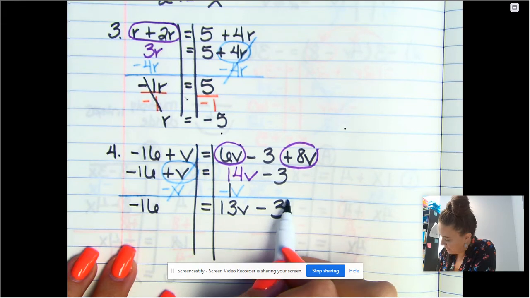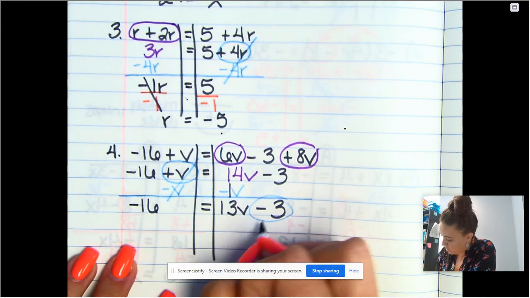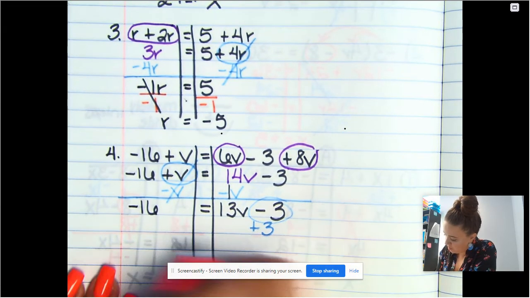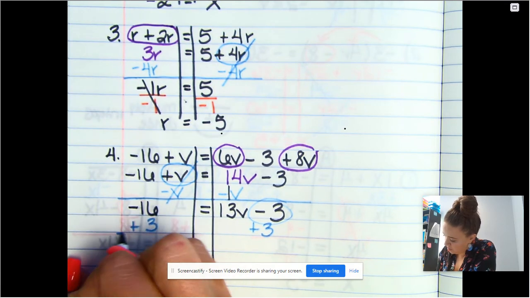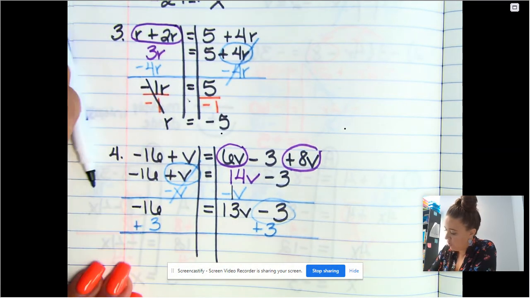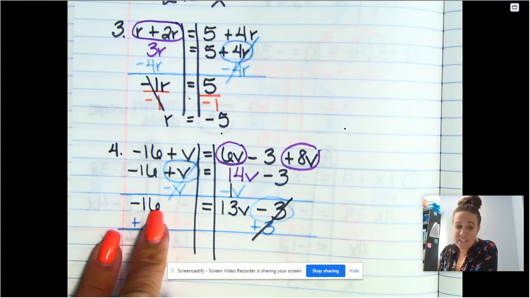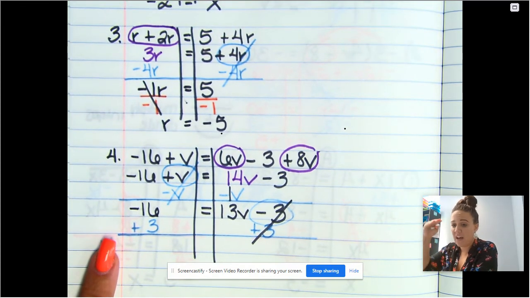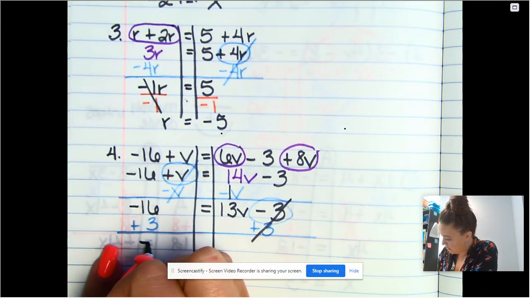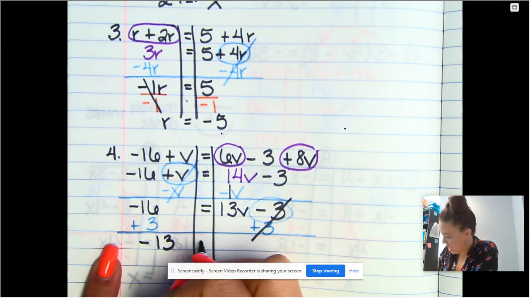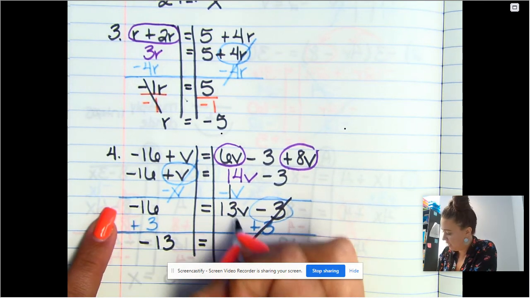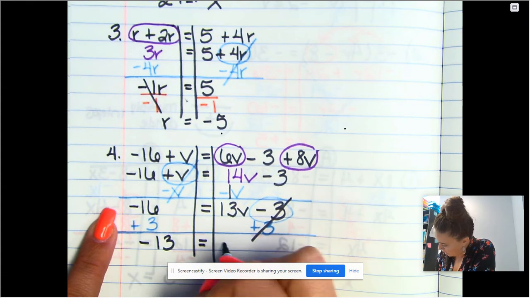Now we have the opposite of a negative 3, or subtract 3, which is positive. Okay, down below we have negative 16 plus a positive 3, so we're getting out of debt. So that becomes negative 13. I got $3 in my bank account when I was in debt 16, so I'm getting my way out. Then we have 13v over here.